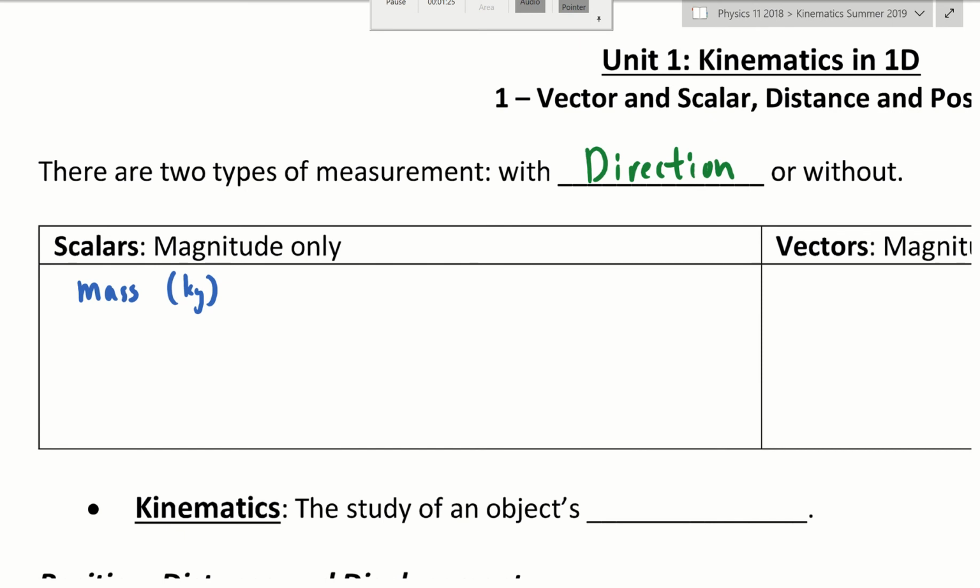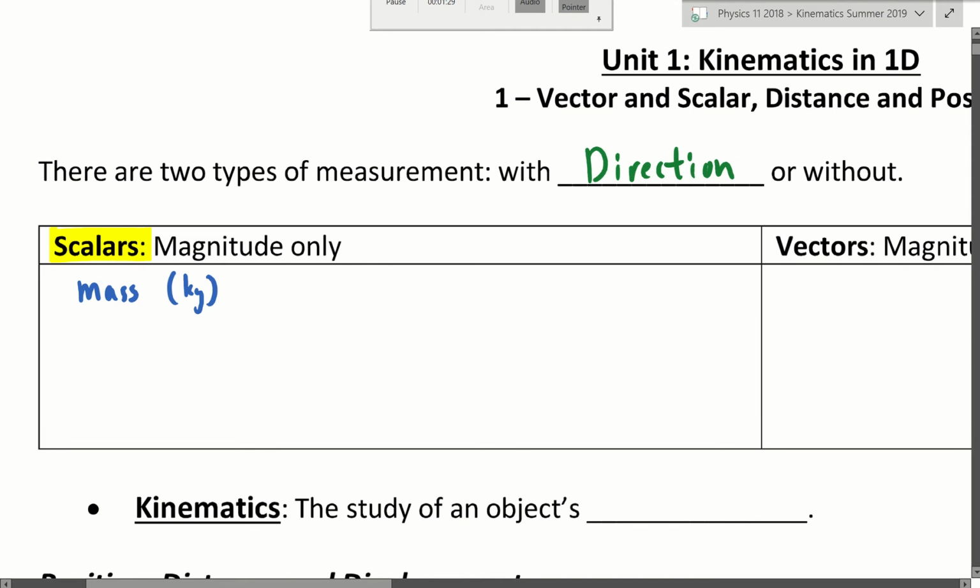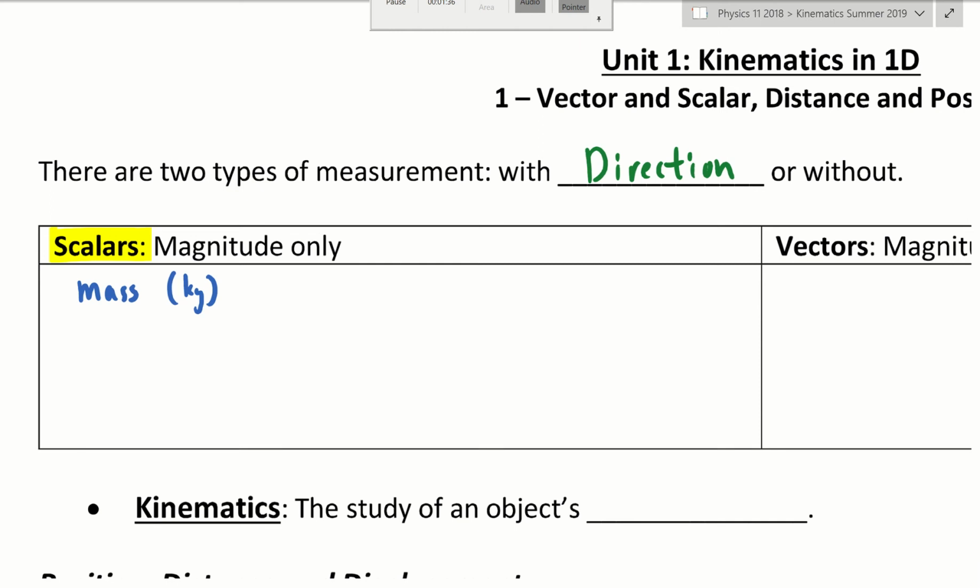So therefore, mass is a type of measurement that we call scalar measurements. Scalar measurements are measurements that only need a number associated with the unit, but you don't need a direction. You don't need to tell someone which way you're facing or which way you're going. For example, the mass of an elephant is exactly the same.